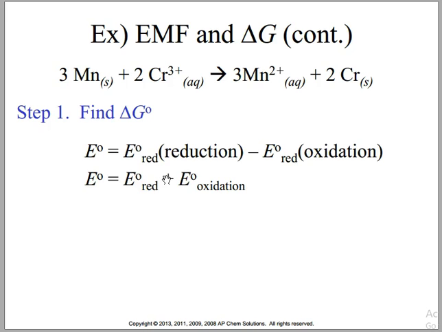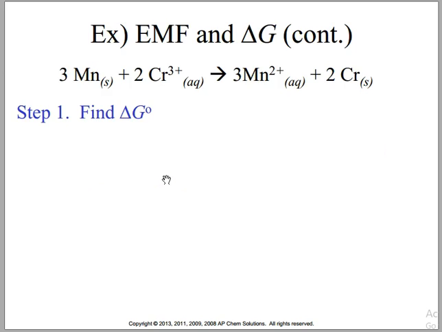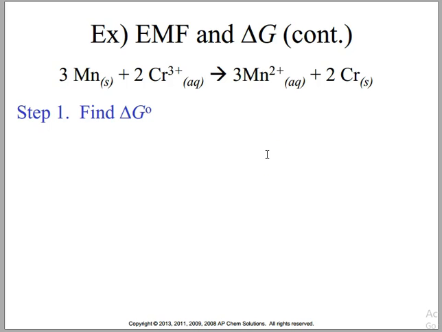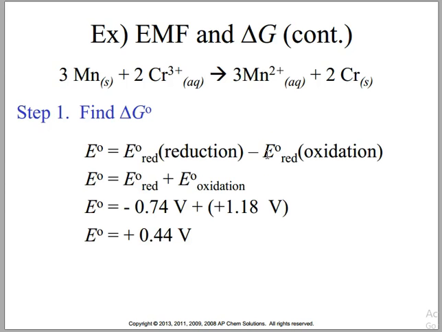First we need to find the cell potential from the values before. We will flip the sign of the reduction half reaction for manganese because it is oxidized here. And we're left with a positive electromotive force, which is thermodynamically favored.